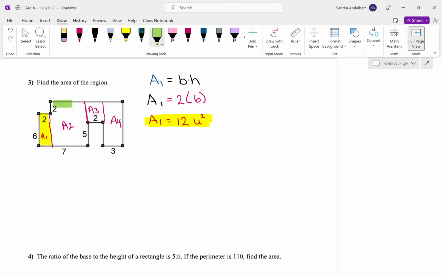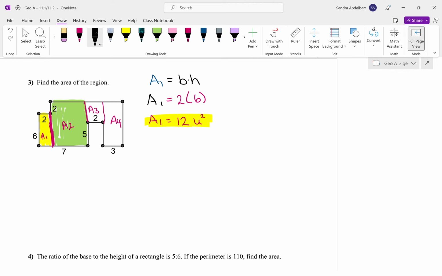All right, now let's move on to area 2. Okay, so now area 2, we want to be very careful.